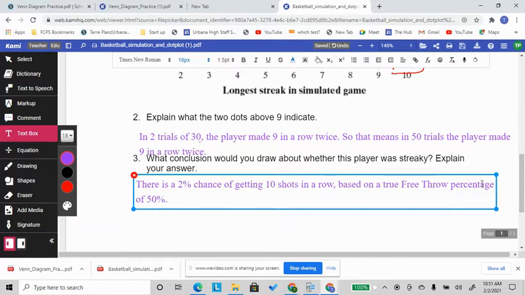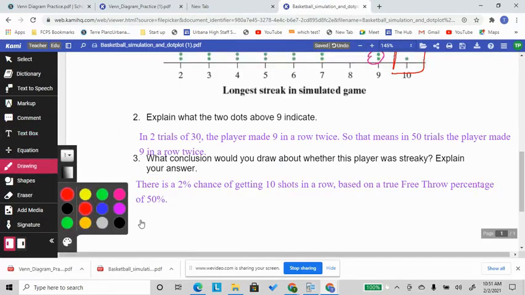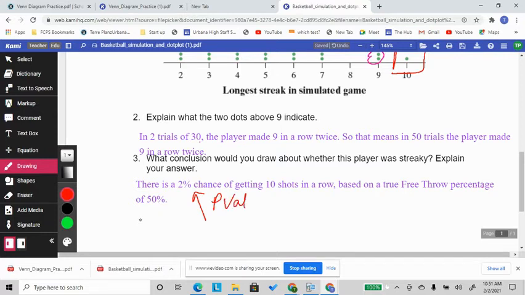All right, better. Percentage of 50%. Let's read this sentence again. This is super important. There is a 2% chance of getting 10 shots in a row based on a true free throw percentage of 50%. Does anybody recognize that sentence? Hopefully, if we were online today, you would understand this. If you remember, this is the p-value from when you did hypothesis testing.